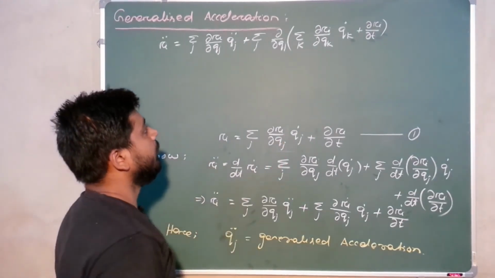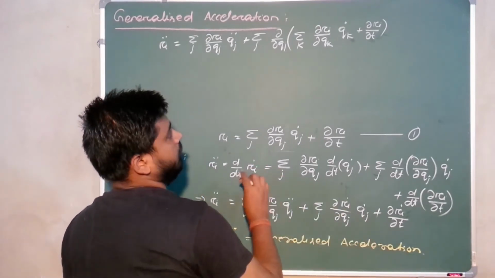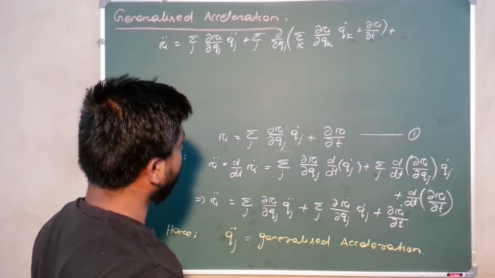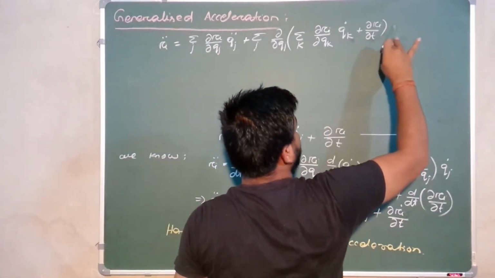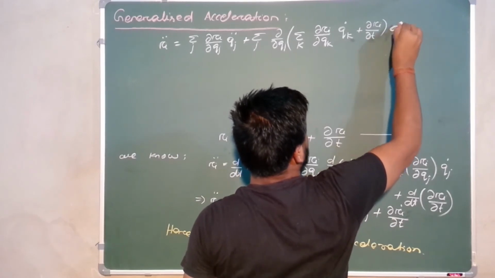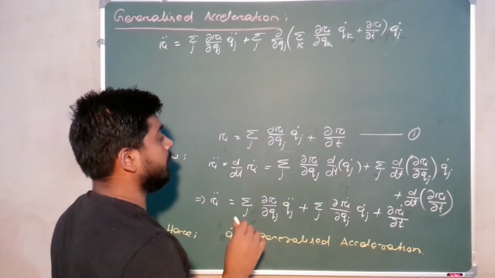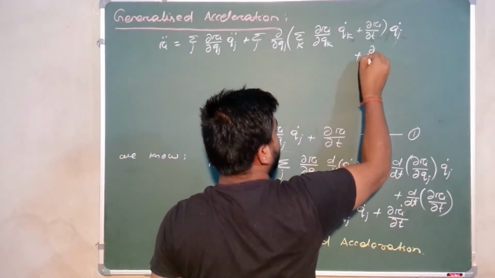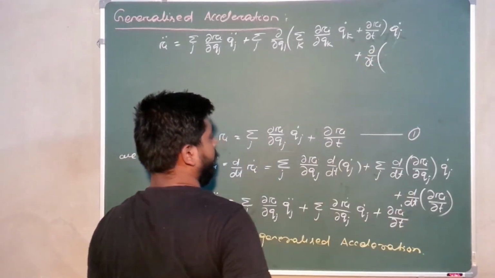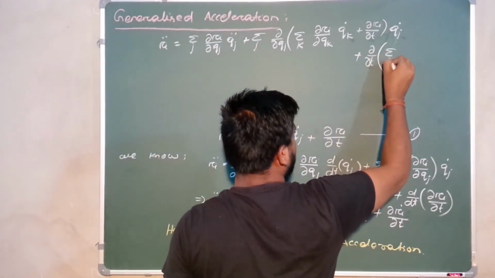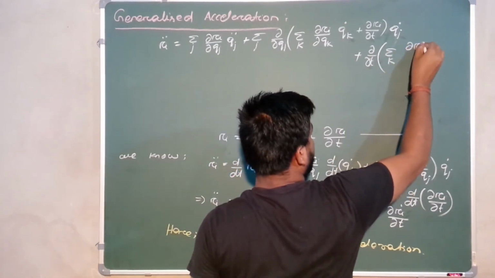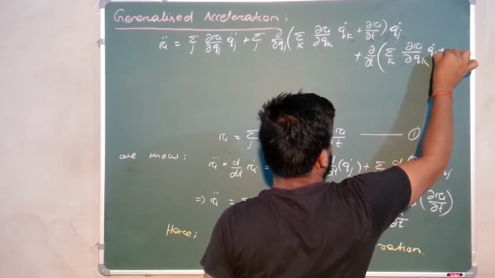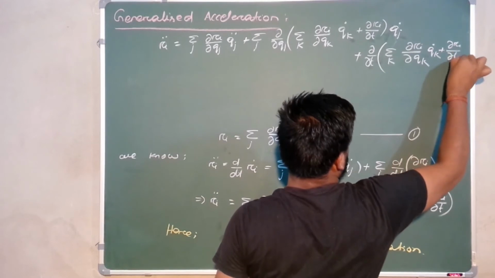Then the third term also has ri dot: qj dot. Then the third term, that is plus ∂ri by ∂t, ∂ by ∂t of this expression: summation over k ∂ri/∂qk qk dot plus ∂ri/∂t.